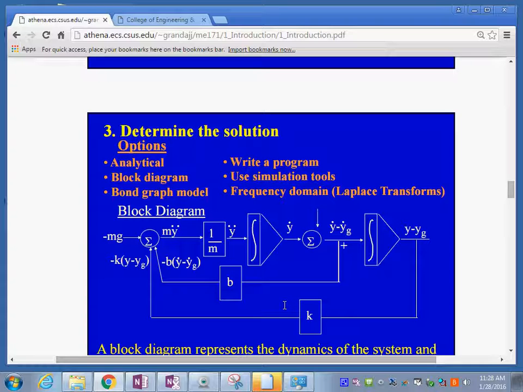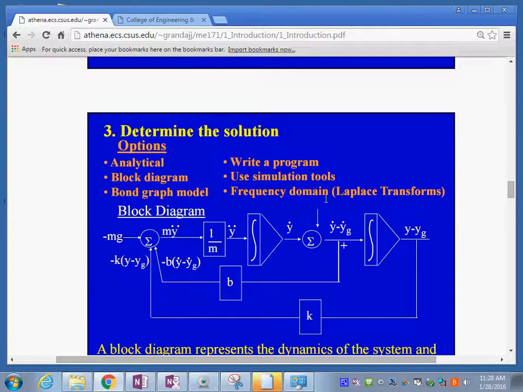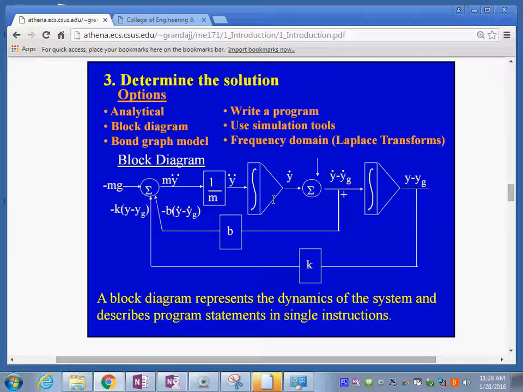The point I'm trying to make is that this is the method that goes from the mathematical representation of the system to this block diagram where you can actually put it into the Simulink software.